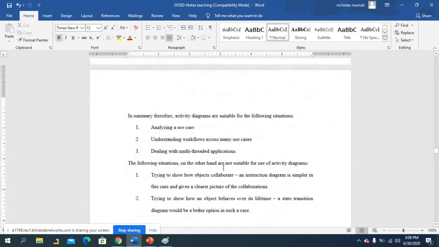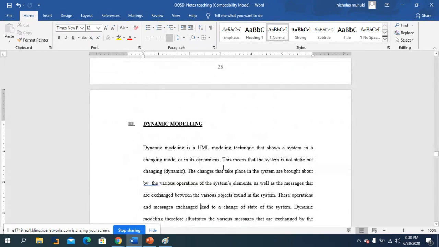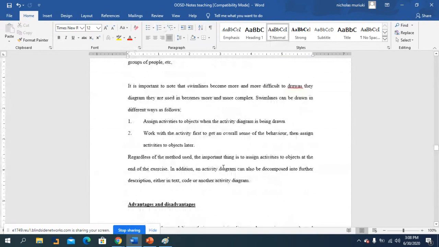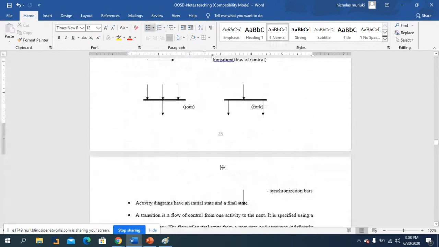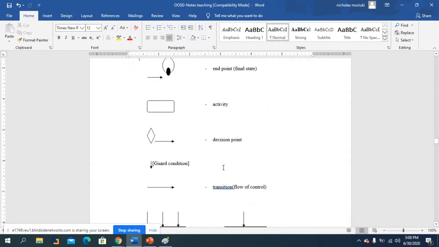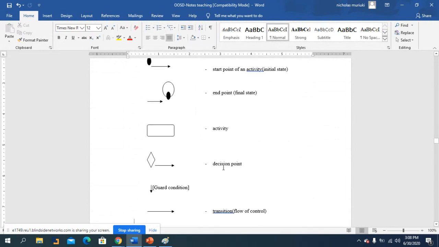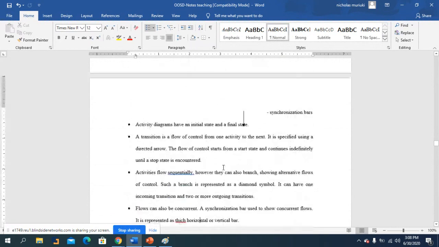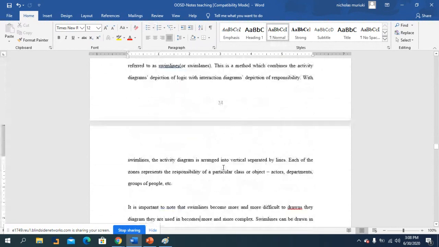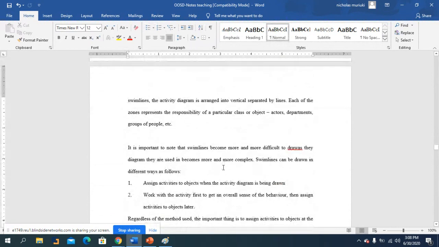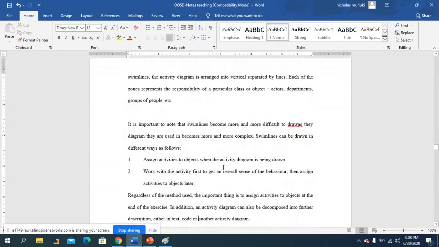So in this case, we still looked at now the diagrams that we are supposed to use in activity diagrams. I think we have talked about this. Please, you should be able to know how we can use them. Don't mix them when you're using them. Be able to use them one by one and work with them at a given point.